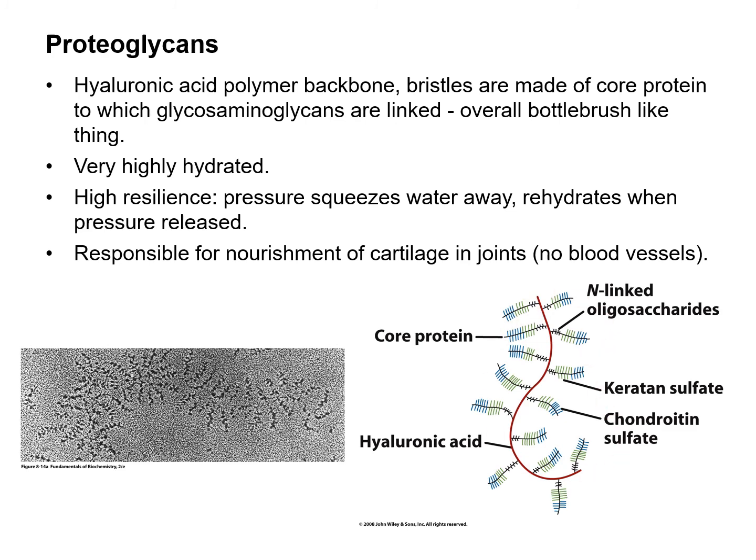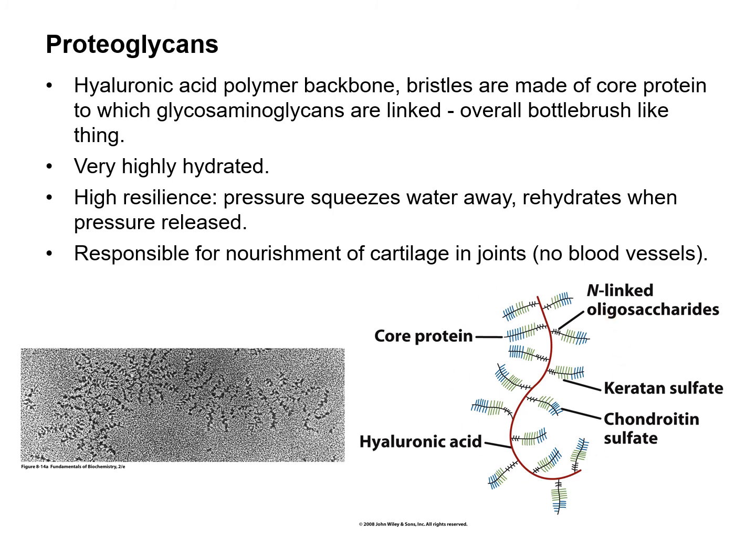And they are very highly hydrated because of the property of the glycosaminoglycans that are attached to the core proteins. And again, there are lots of glycosaminoglycans, so there are a lot of water molecules that can be contained here. And it also has a property of high resilience. So when pressure is applied to this structure, it can squeeze the water out of this structure.